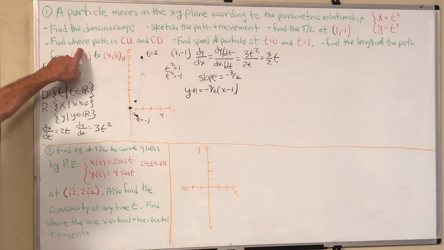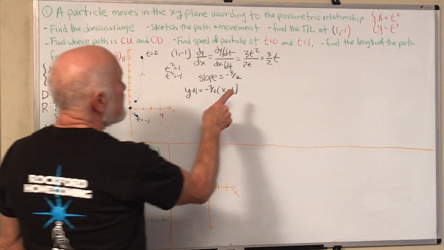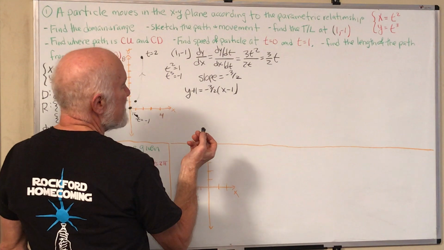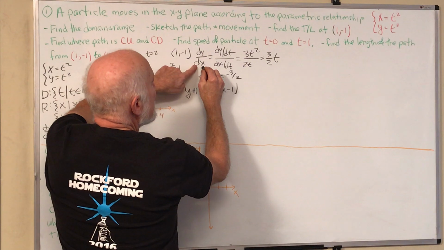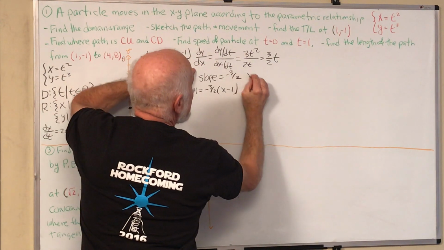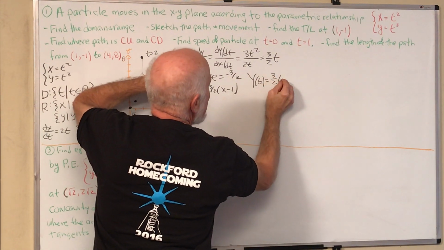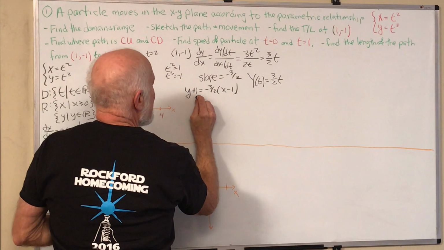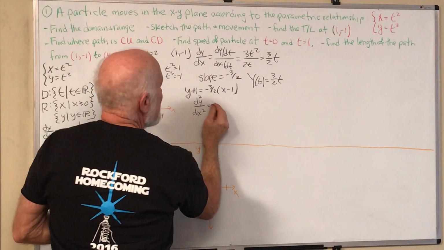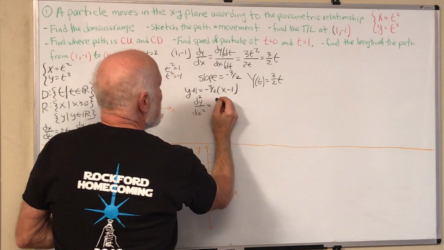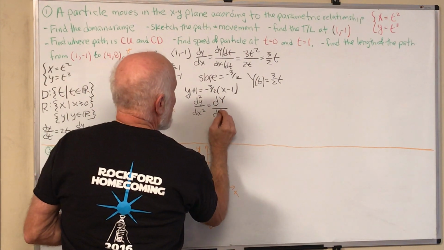Okay, now where is the function concave up and concave down? Now we have to go to the second derivative. And like I was telling you, you now have dy/dx. So this is like a new y. And it's a function of t, and it's 3/2 t. So to get d squared y over dx squared, what we have to do is to take the derivative of this big Y with respect to x.